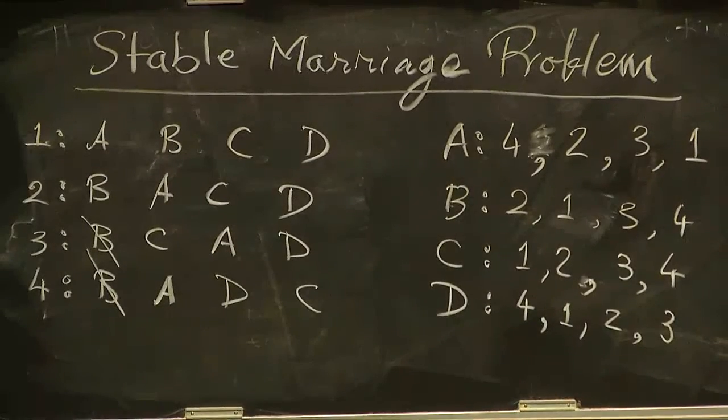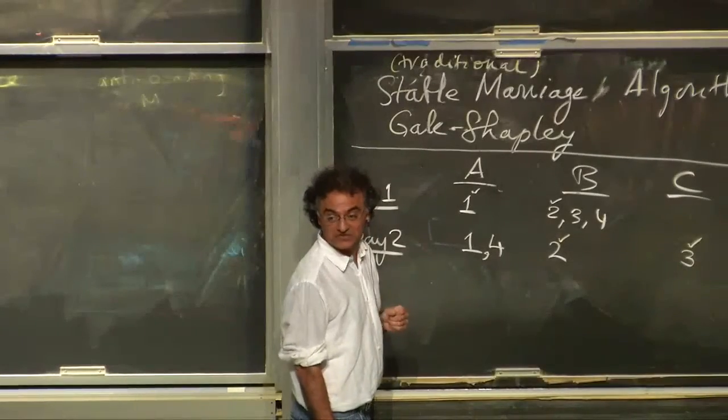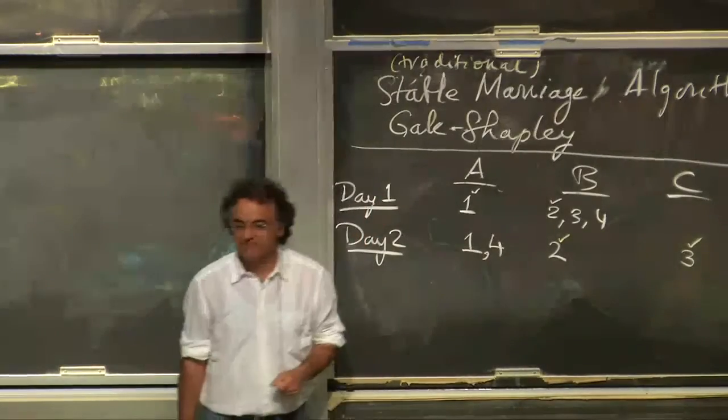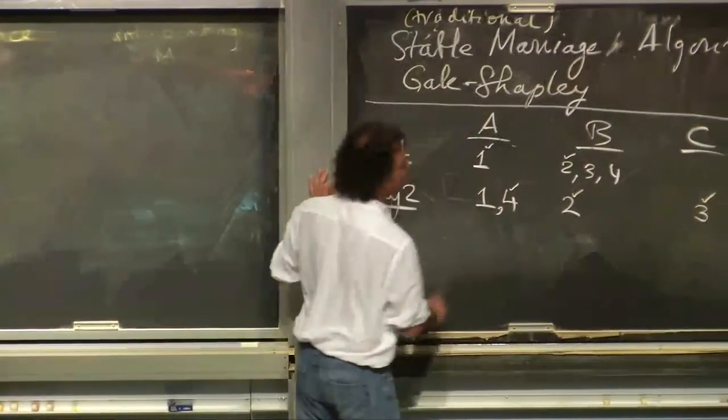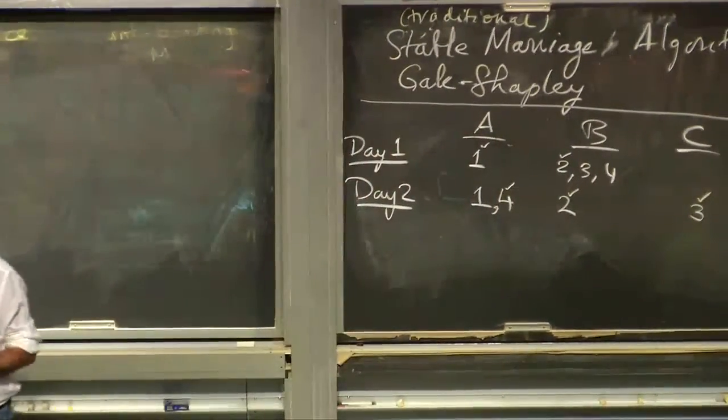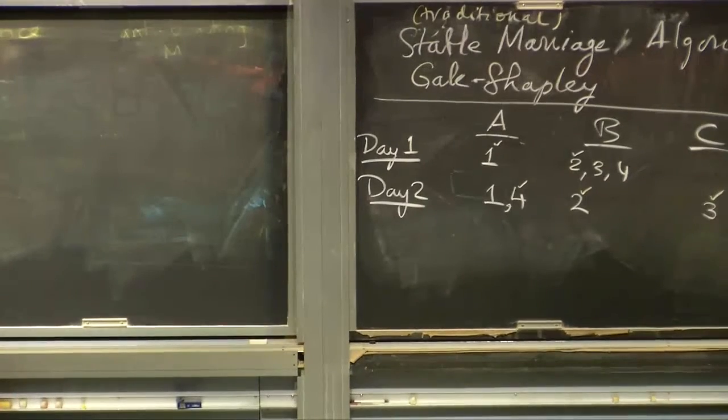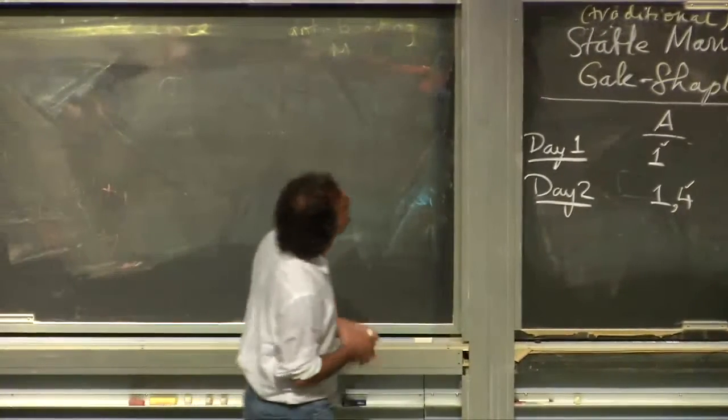So A says to 4, maybe, come back tomorrow. And to 1, she says, never, just go away. So that evening, it's 1's turn to take a stiff drink and do the needful.